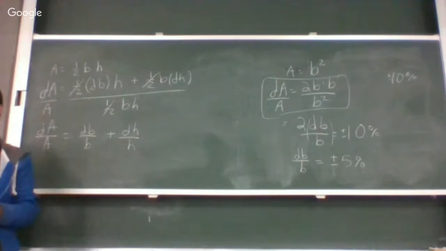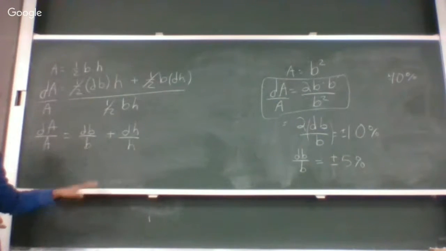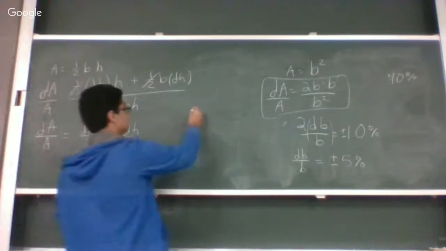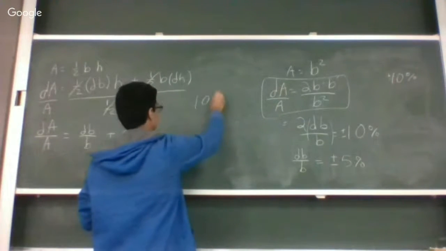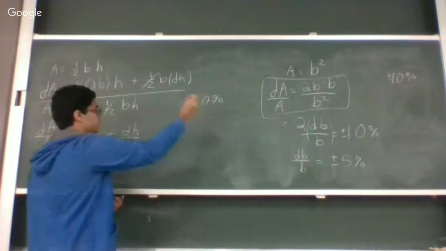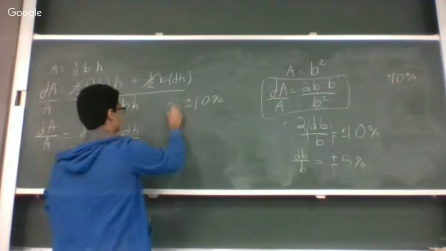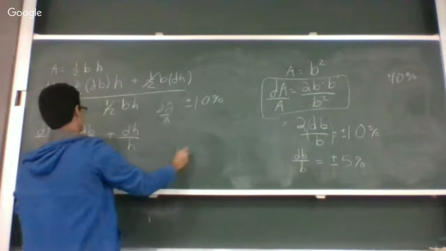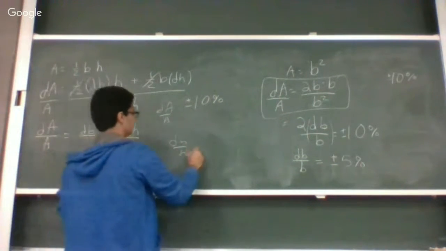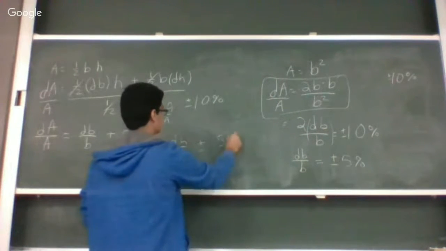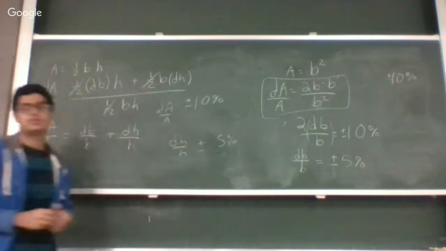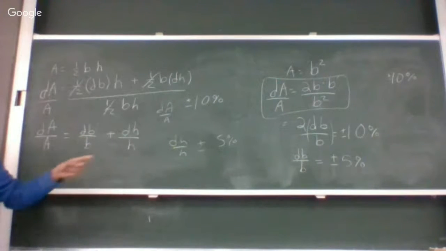In this sort of problem, they would tell you to measure the area within plus or minus 10%, and the height, let's just say, within plus or minus 5%. So they would give you two pieces of information.